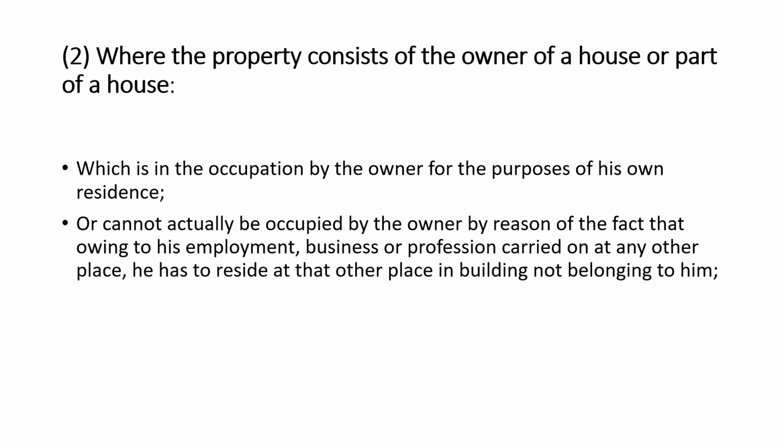So if the owner is using his building for his own residence, that is one case. The second case is where he is not using it for his own purpose. He may use his building or his bungalow, whatever it might be, for his employment, business or profession, and he has to stay in another building which is not owned by him.